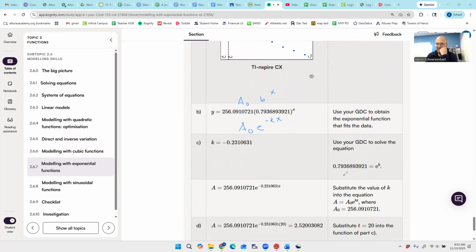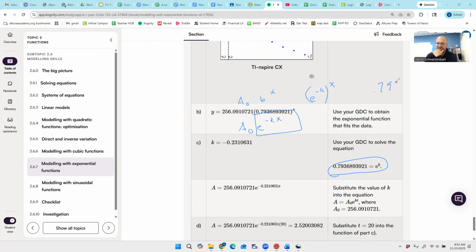Does that make sense? So we're using this to solve, because that is b. Because e to the negative k to the x is this. So that's this b value.